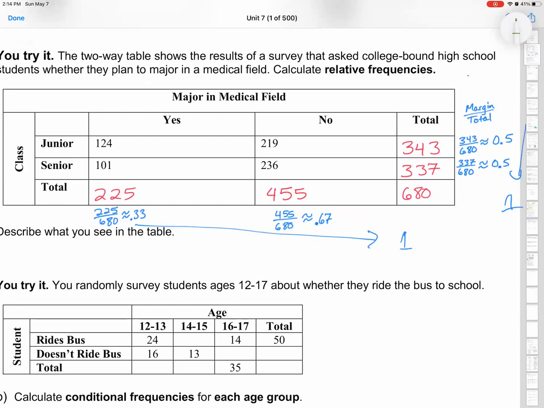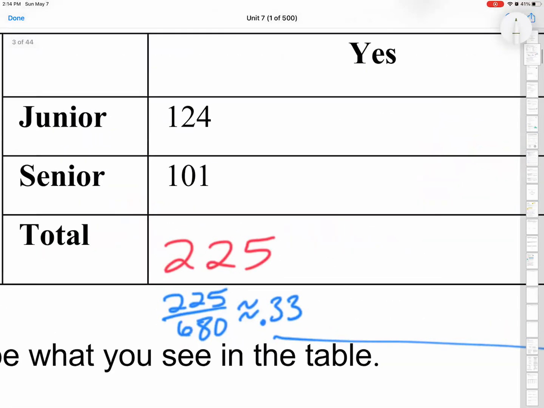So of the juniors, we know that there are 124 students. Out of the total in this group being sampled, 680. And so we can then figure out what is this joint probability. So 124 divided by 680 comes out to be about 18%, so 0.18 rounding.